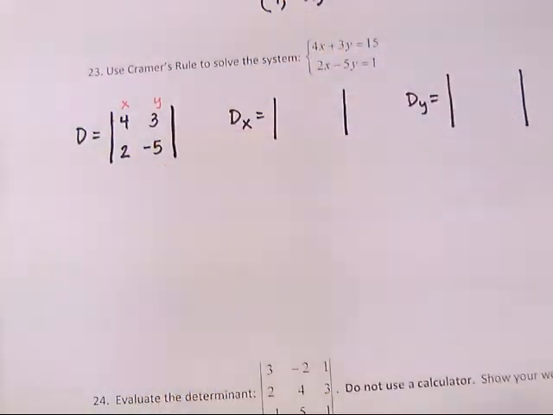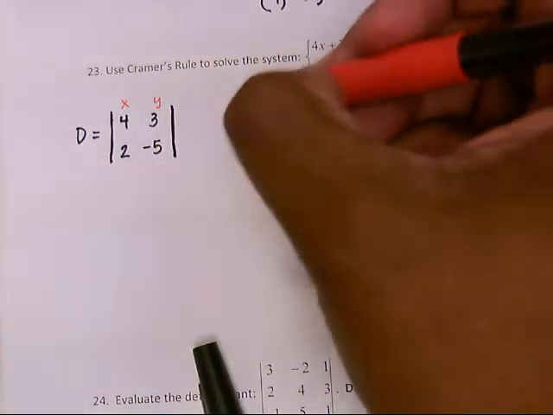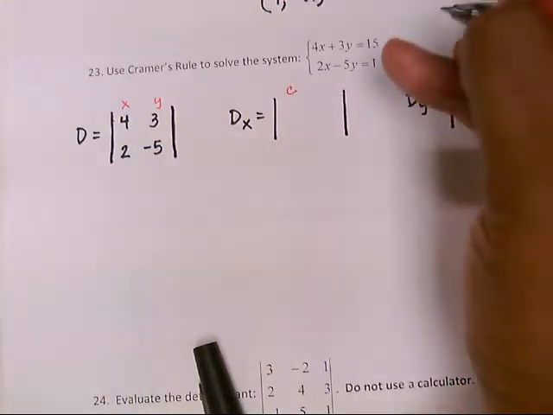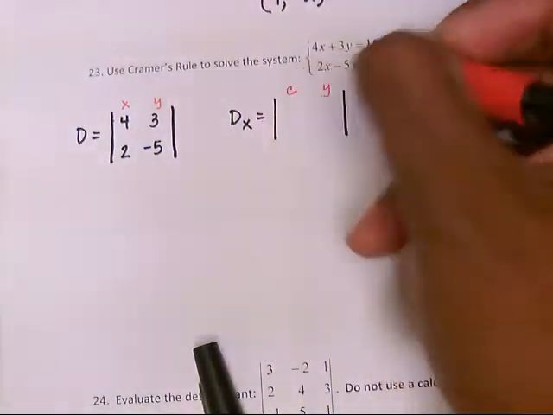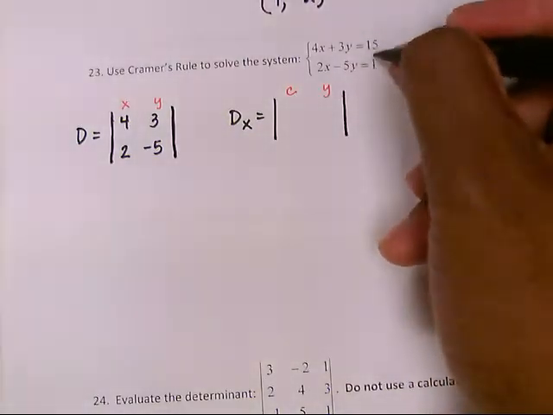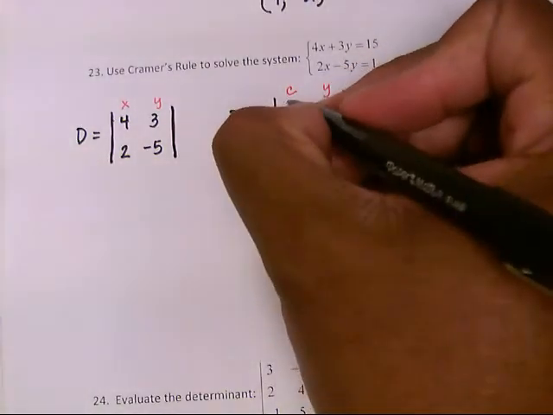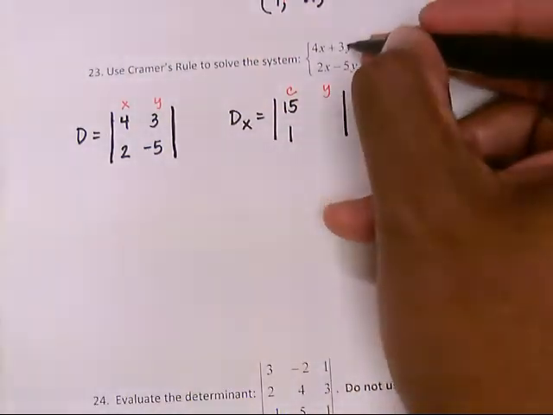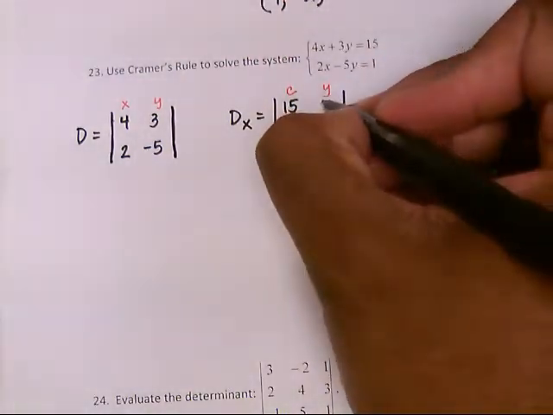That represents your D matrix. Your D sub x matrix is this. Instead of the x's being in the first column, your constants will be in place of that. And then you'll have your y coefficients there. In this case, the constants are these two numbers here, 15, 1. And then the y coefficients here, 3, negative 5.